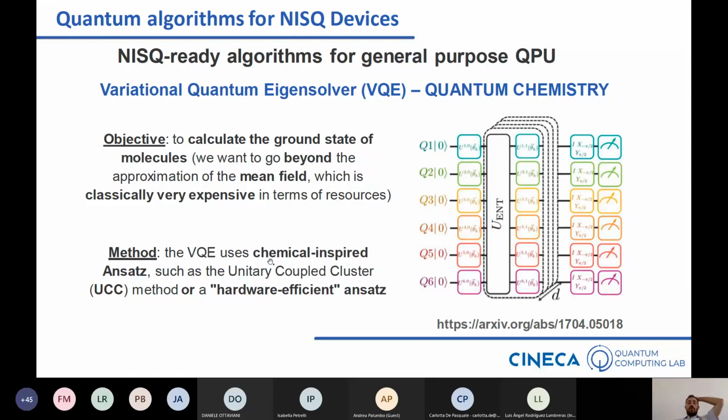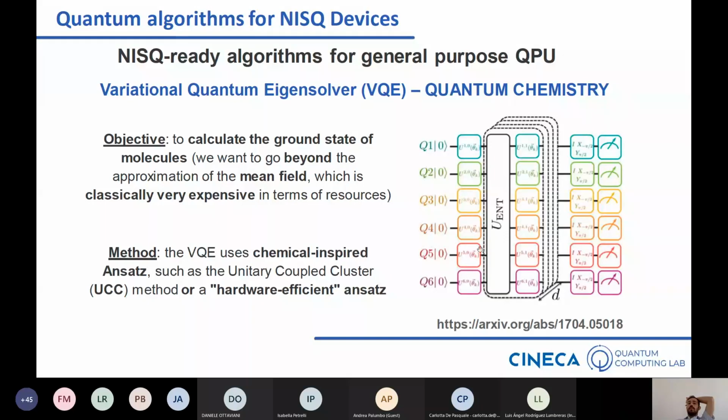The ansatz could be chemically inspired, for example, and there is a method for building your parametric circuit such that your variational ansatz is inspired by the atom, for example, that you want to study. The next technique is called UCC, which stands for unitary coupled cluster, or like in this paper here by IBM, what they implemented is a hardware efficient ansatz, which is the one shown here.